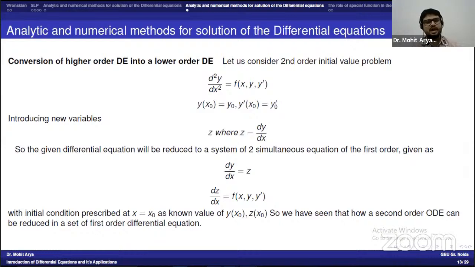So, conversion of higher order differential equations into lower order differential equations. In general, if we have a higher order differential equation, we face the problem of how to find the solution of that particular equation. Most generally, we study the methods to solve first and second order differential equations.